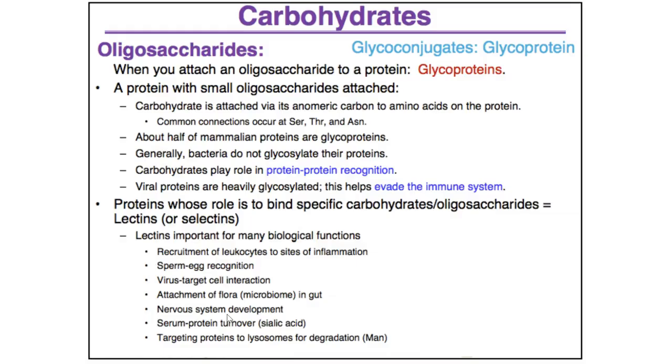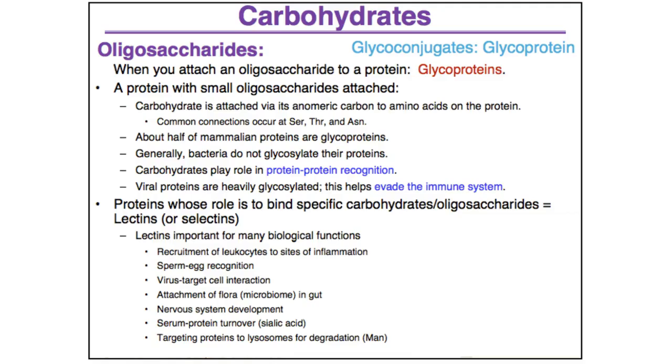If you start binding more and more, you have oligosaccharides, and these oligosaccharides can attach to protein, which is called a glycoprotein.